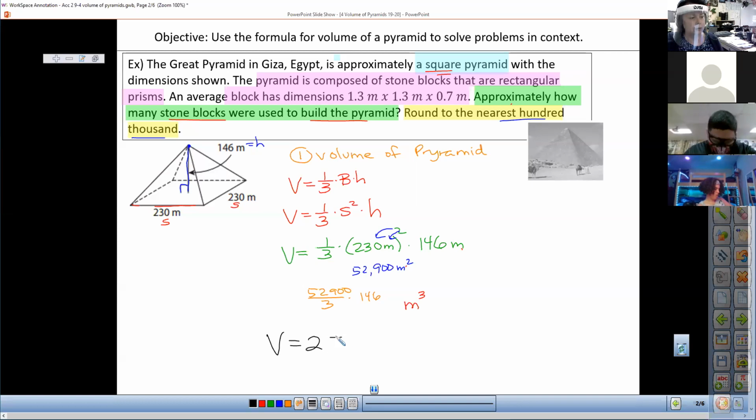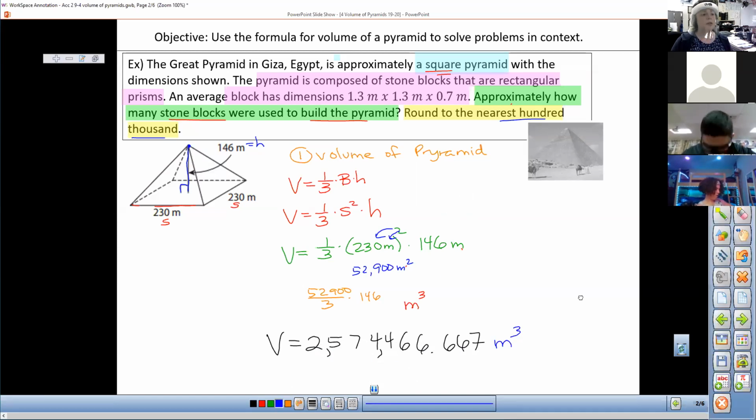I've got a 2, 5, 7, 4, 4, 6, 6, and a 0.667. I'm going to keep it all. And if I put some commas in, this is 2,574,466.667. This would be cubic meters for the volume of the pyramid.